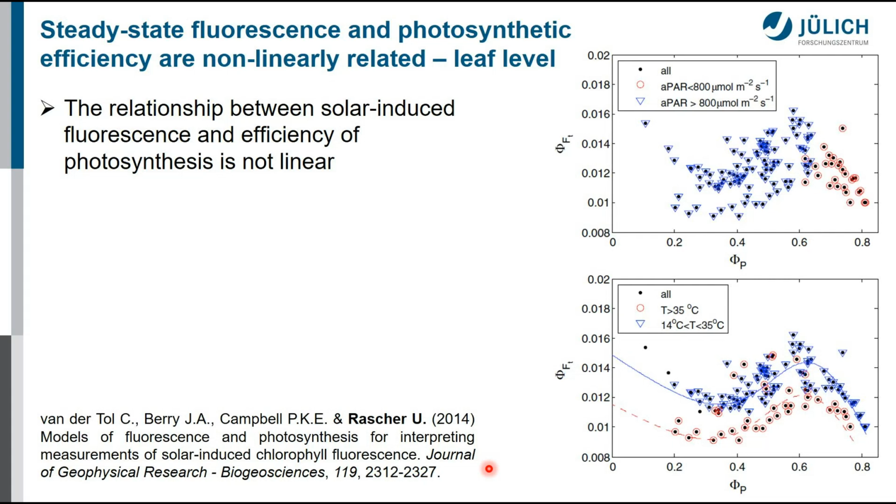And based on this, we are currently developing easier ways, which are empirical or scale-down approaches, to use the correlations which nevertheless exist. Also, if you move up to the canopy level and make some of the corrections right, you can use this fluorescent signal for determining some functional properties without going into the full modeling approach.